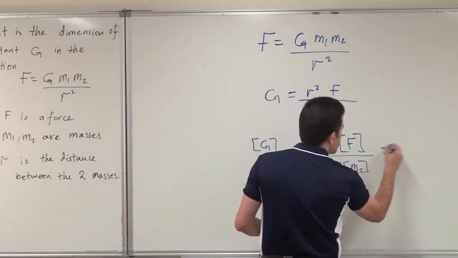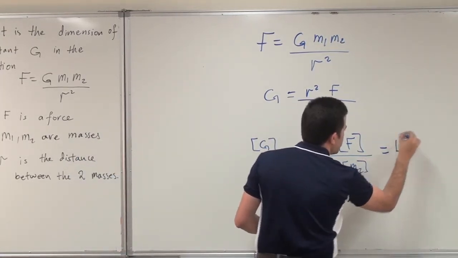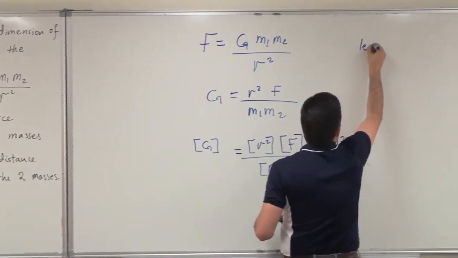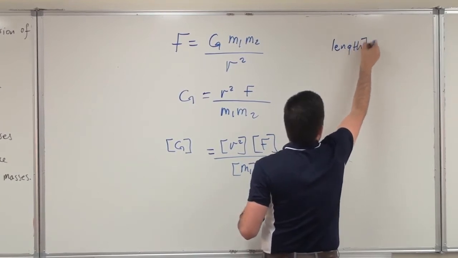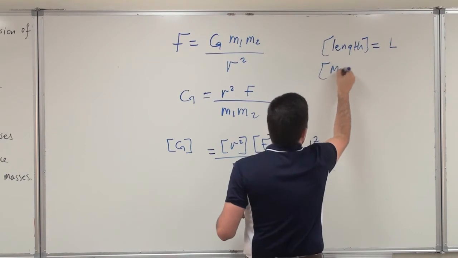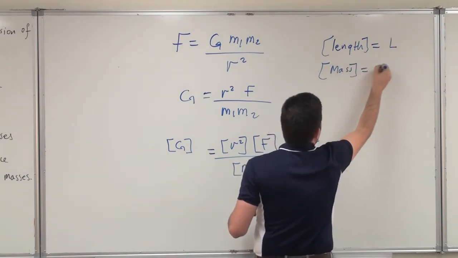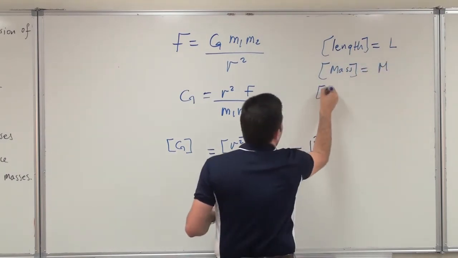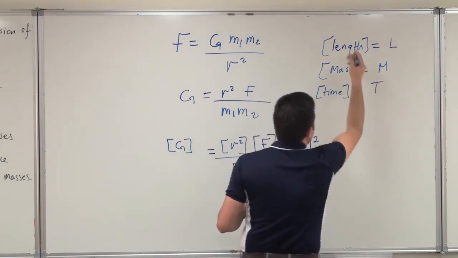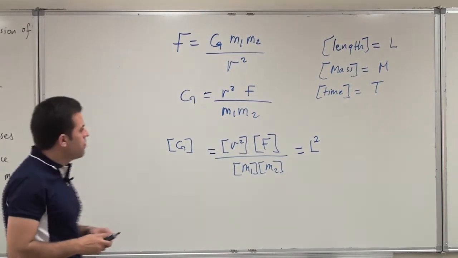The dimensions of r square are L square, because we know that r, length or distance, has dimension L, mass has dimension big M, and time has dimension big T. Those are the three basic dimensions.